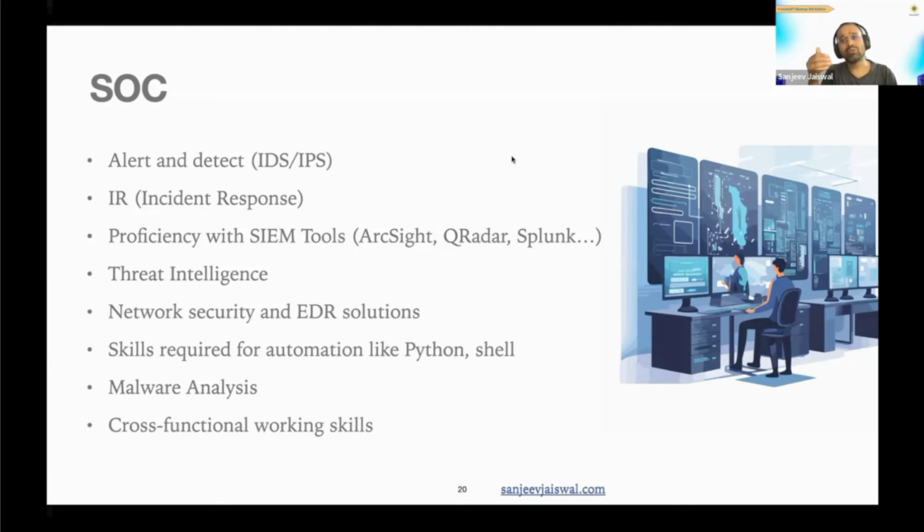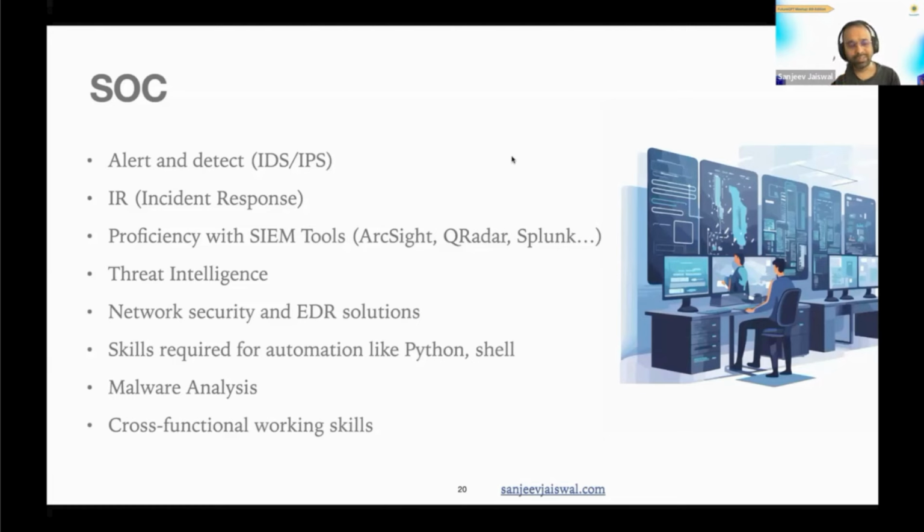You also have to do lots of automation as you go up the experience ladder. When you are just a fresher in SOC, you might not have to touch all this. But when you want to be a SOC analyst level 3, level 4, or a security architect, because SOC people can also become security architects, this knowledge will help you.